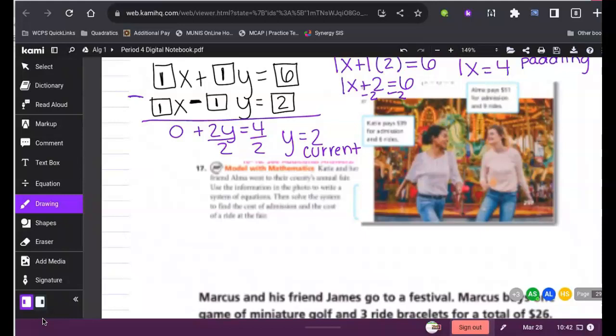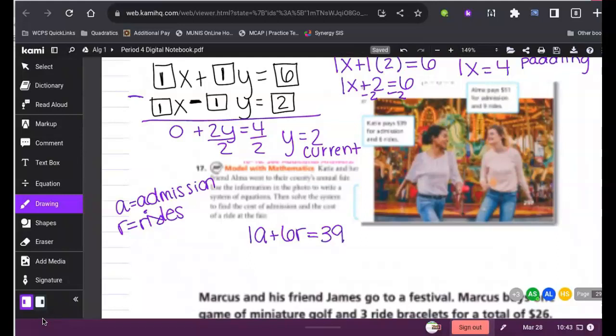So she has 1 admission plus 6 rides. I'm saying A is the admission and R is the number of rides, and that was equal to a total of $39.